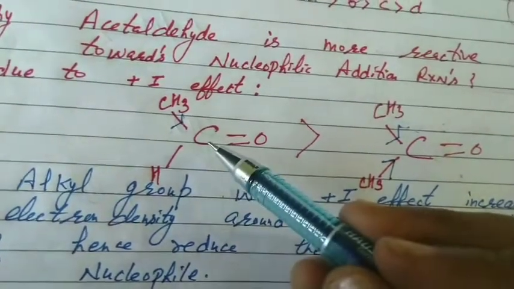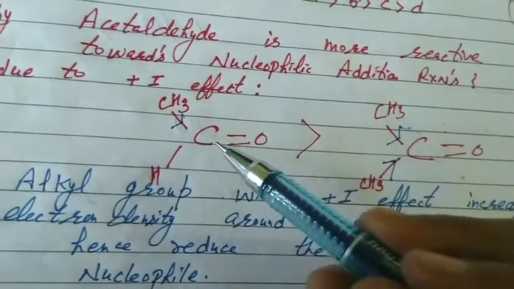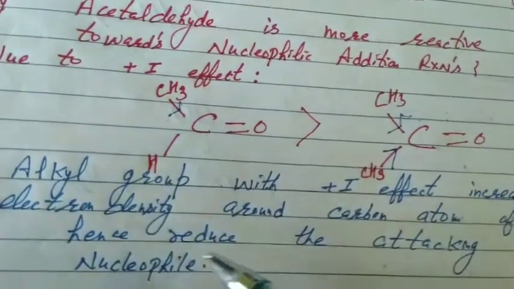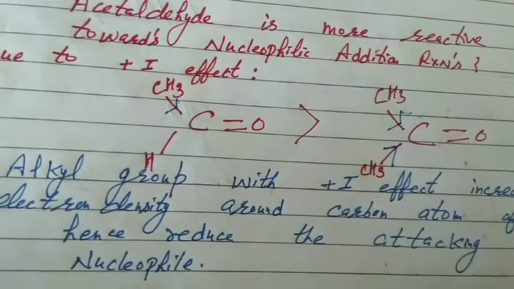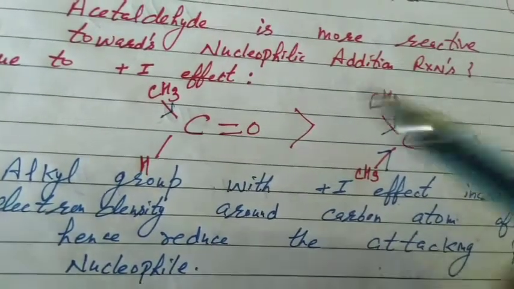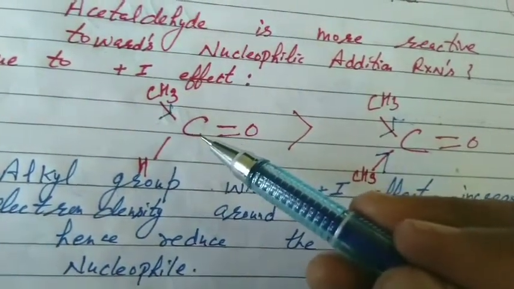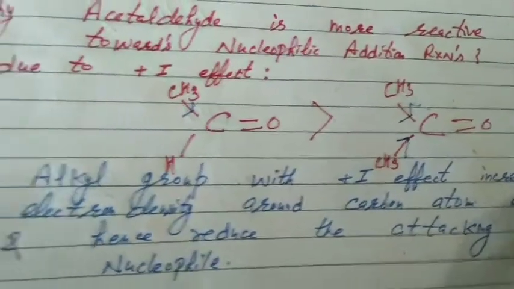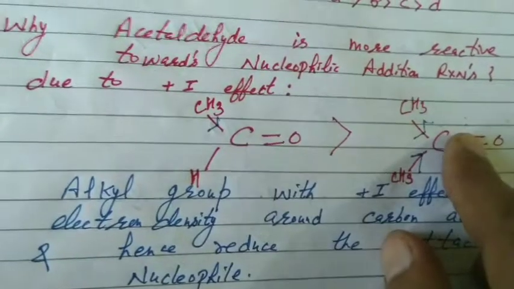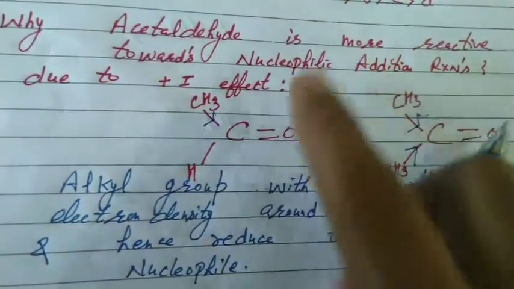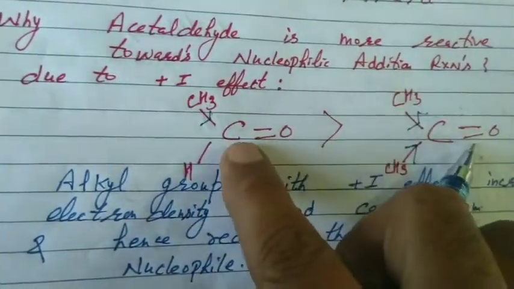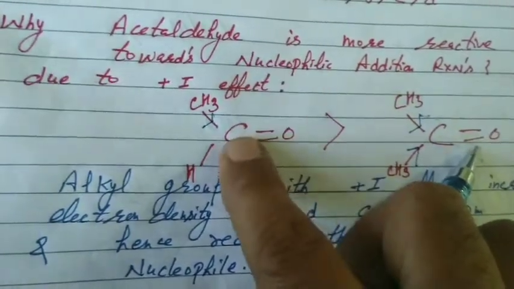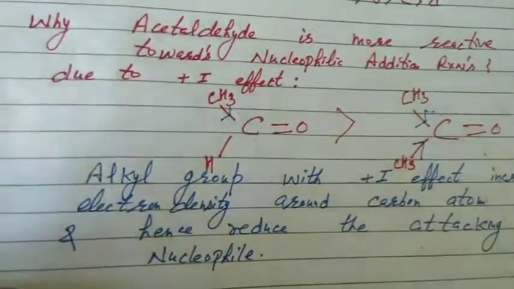When it increases electron density, it neutralizes its positive charge, hence it reduces the attacking power of the nucleophile. That's the reason. At first you will mention this. Give the heading due to plus effect: alkyl group with plus effect increases the electron density around the carbon atom of the carbonyl group, that is, neutralizes its positive charge and hence reduces the attacking power of the nucleophile.